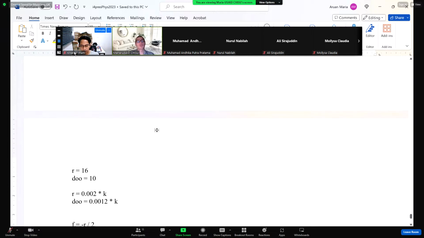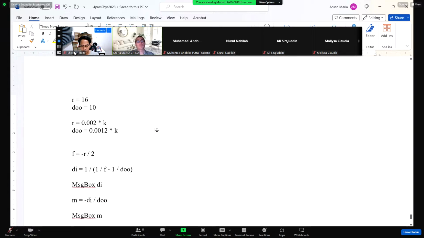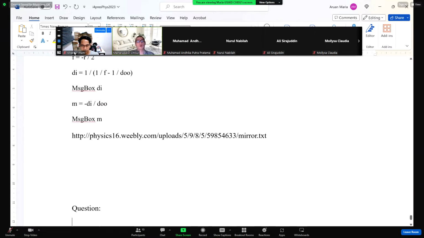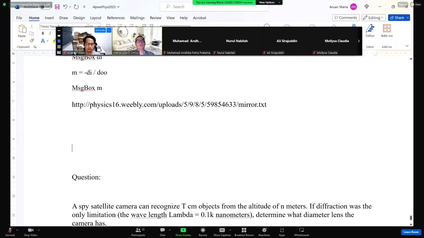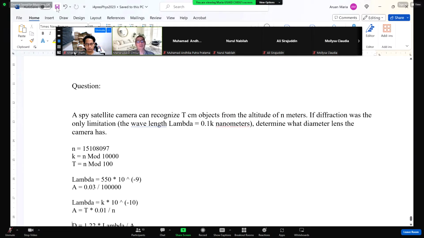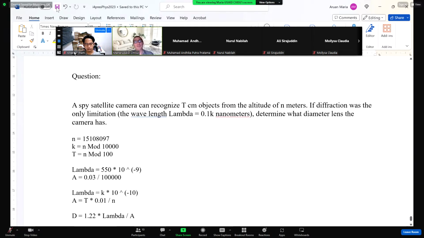So we have one question, but a super important question. Today, when there is a war, it's very important to deal with spy satellites, right? So we need to calculate spy satellite lenses, to know what kind of lens we need to spy on our enemies or maybe competitors or someone like that, right?